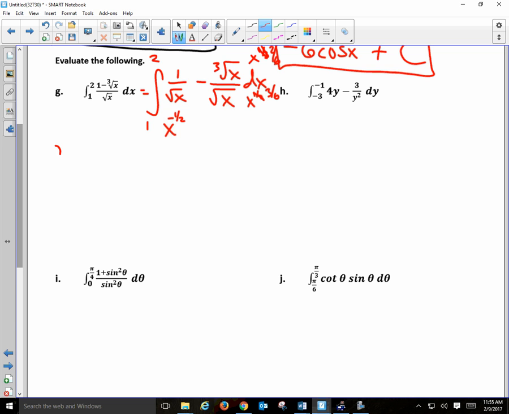So if I rewrite this now, the integral from 1 to 2 of x to the negative 1/2 minus x to the negative 1/6.